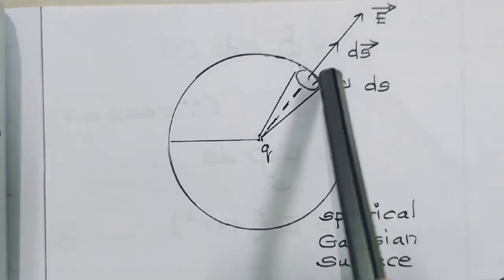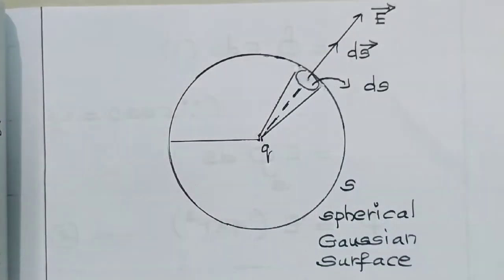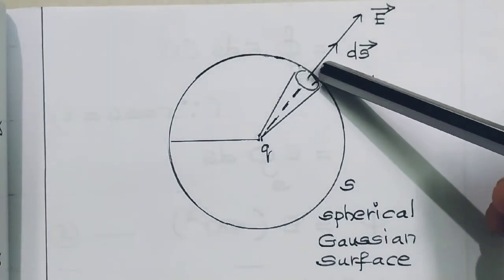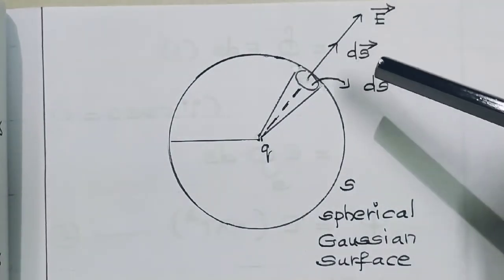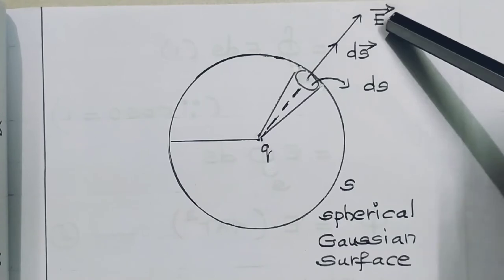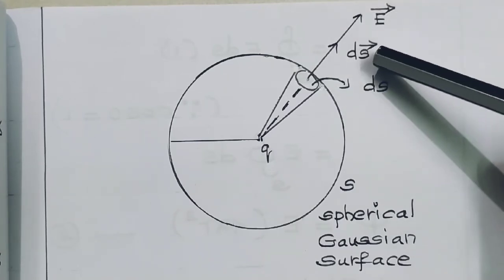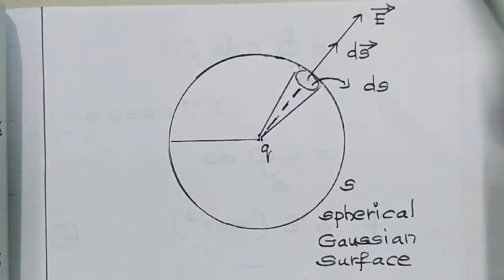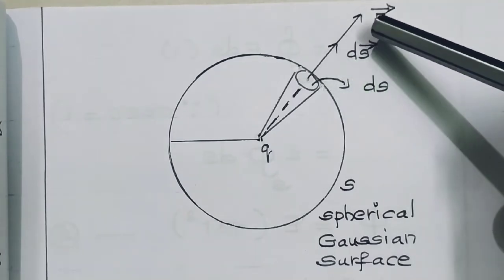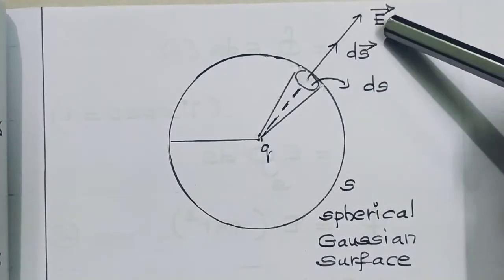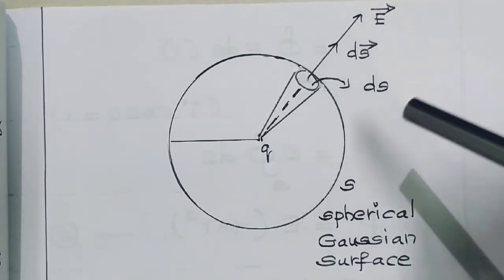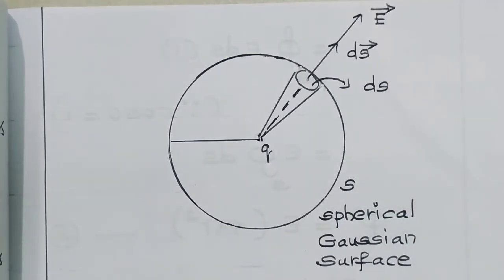So at this particular point, the electric field is in this direction. Here both the electric field vector and the ds vector are in the same direction. So the angle between them is 0. Keeping this in mind, let us derive.